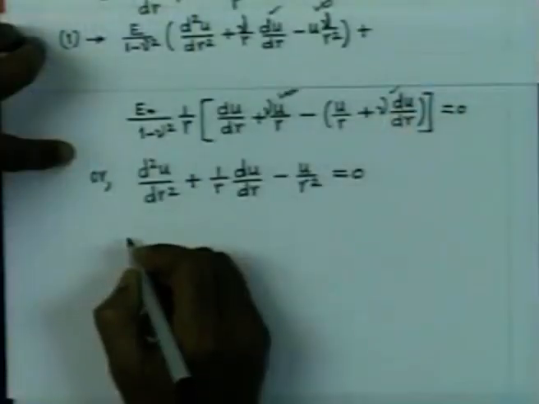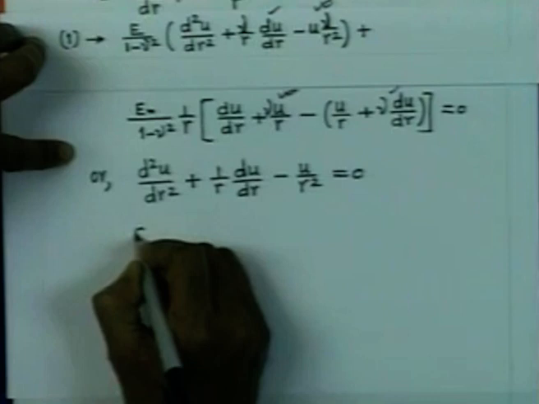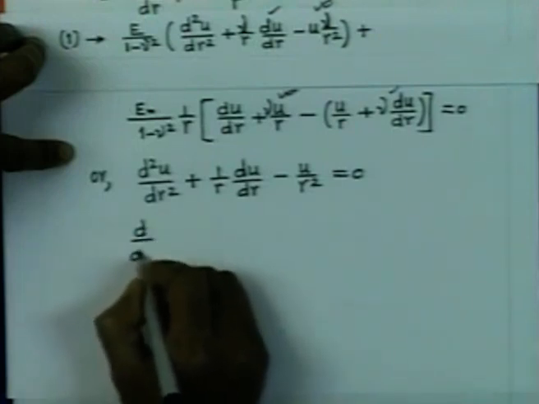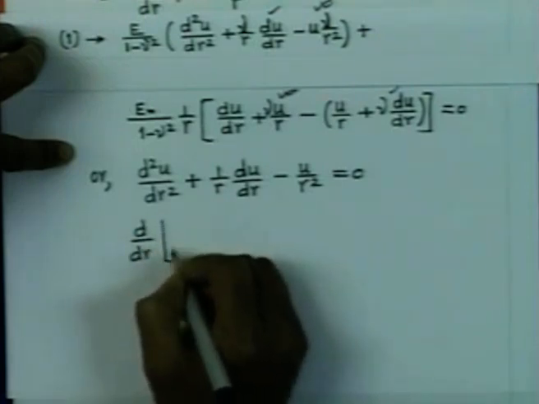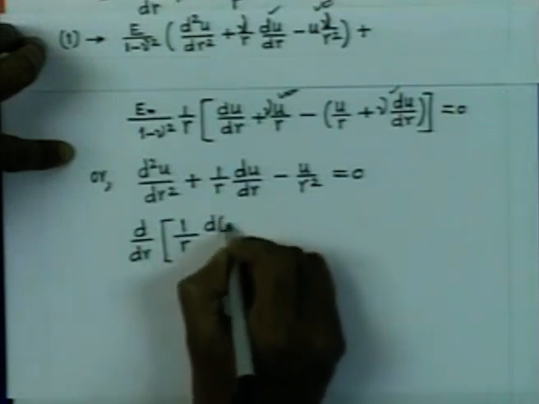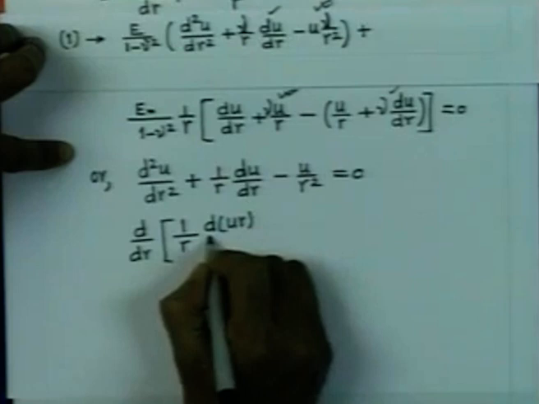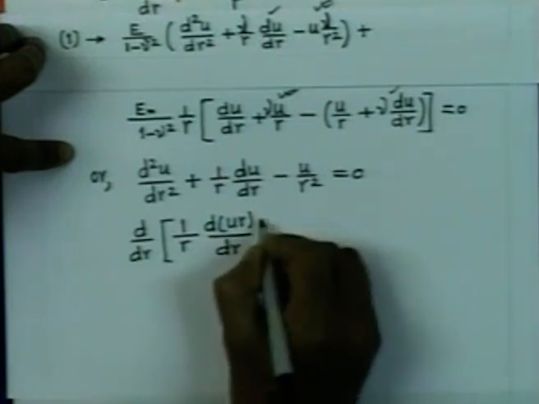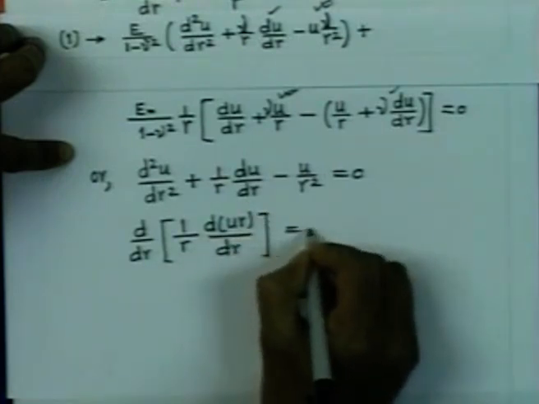This is the governing equation involving the displacement u, and this equation can be written in this form: d dr of 1 by r d ur dr equal to 0.